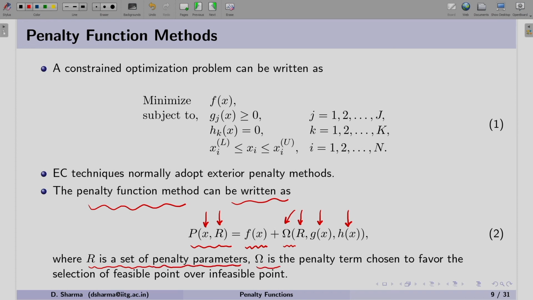As we know, omega is the penalty term that is chosen to favor the selection of feasible points over infeasible points, and that is the whole objective here, that we should penalize the infeasible solution more and we should not penalize the feasible solution, so that we can differentiate.